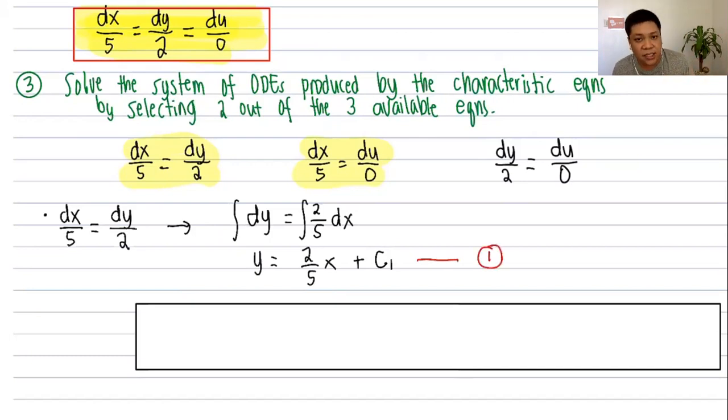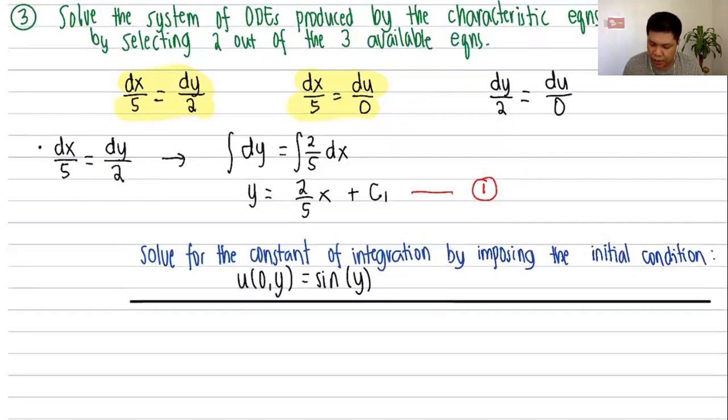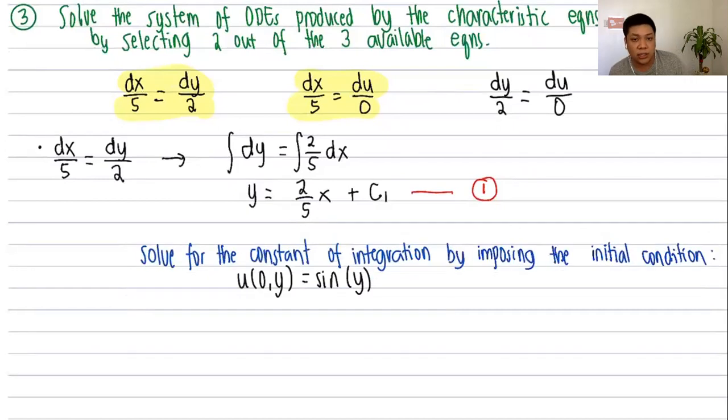Our next task, as with any differential equation, is to solve for this constant of integration by imposing our initial condition. Knowing that our initial condition is u(0, y) equals sine y, meaning at x equals 0, for any value of y, the value of u is sine y.